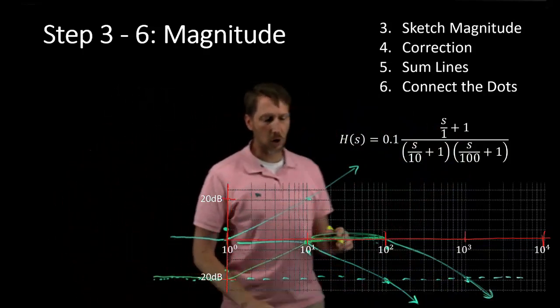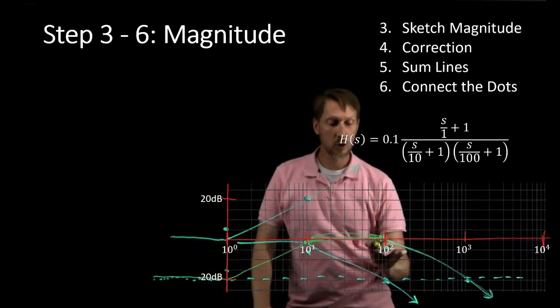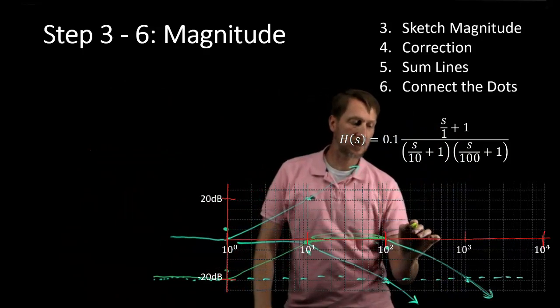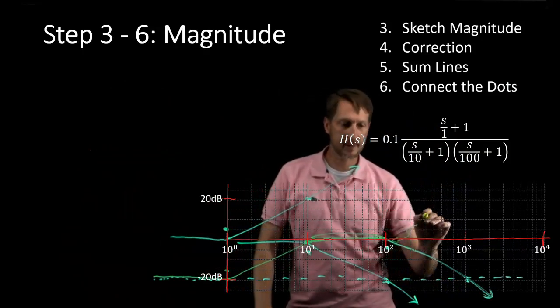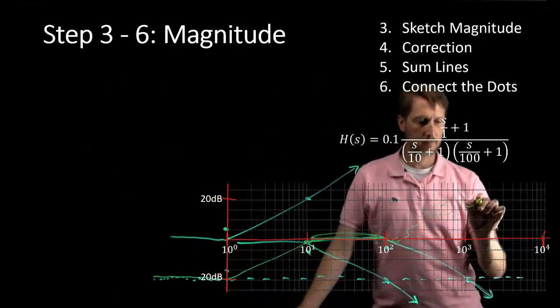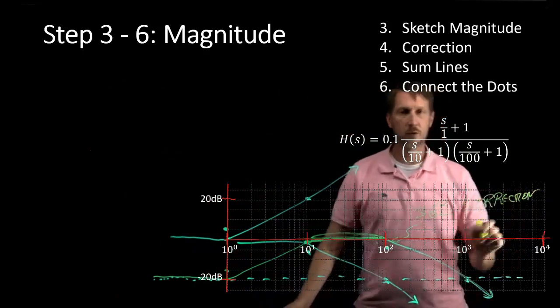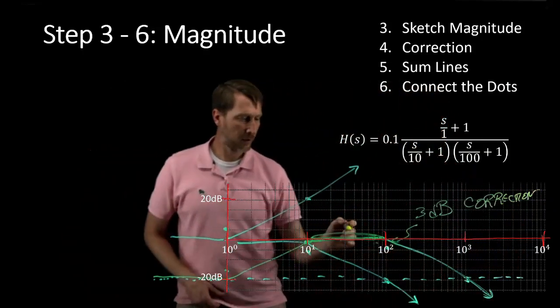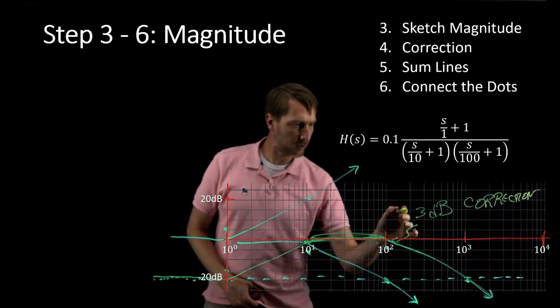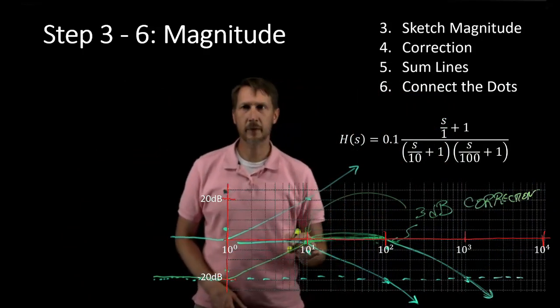We need to transfer all our 3 dB points for the data corrections. So I'm going to just really emphasize this by putting an arrow and saying 3 dB correction. So there's a 3 dB correction there, and then there is a 3 dB correction that we have over here.